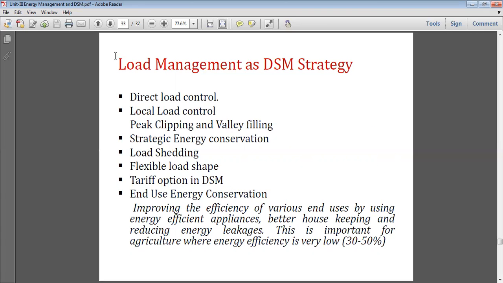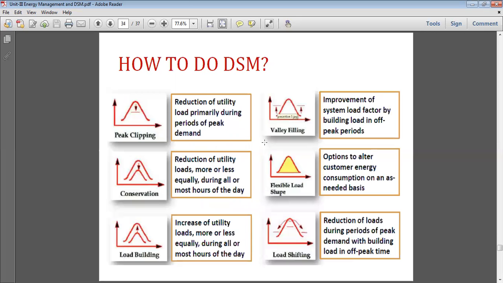Now for the demand response, there are some other methods to achieve DSM. One is peak clipping. We have already covered this topic, but with the help of simple diagrams it can be explained very well. Peak clipping: here it is shown that this is the load curve.